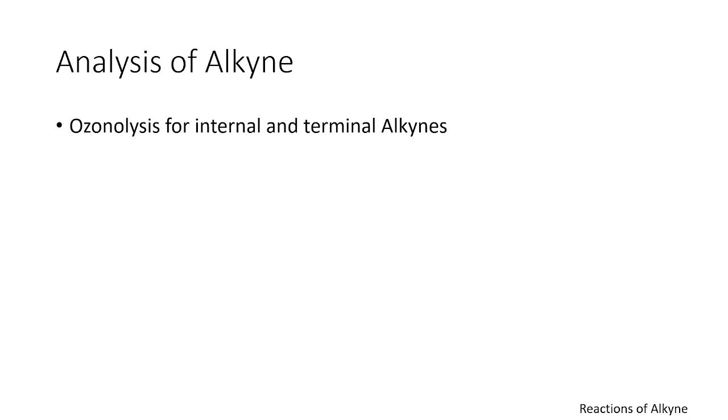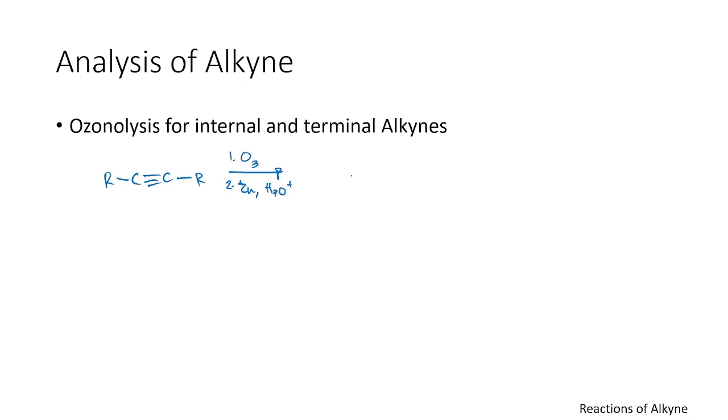Basically, if you have an internal alkyne, say we have here our R, then our carbon triple bond, and another R. This is internal because the R group is our alkyl group, and we proceed with ozonolysis. So you first add your ozone, then you expose that to zinc and your acid.